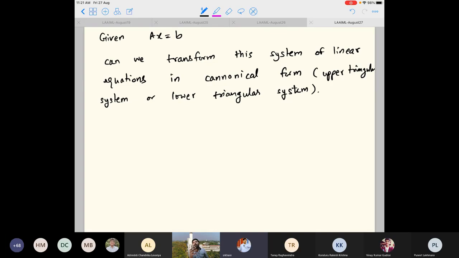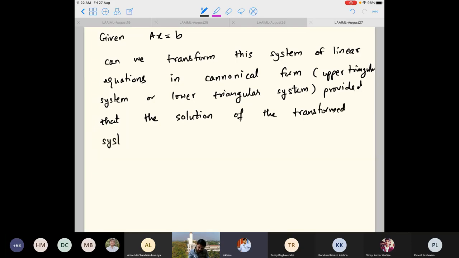What will happen if we are really able to do this is that this system of equations will get transformed to that canonical form. So what is the condition? Provided the solution of the transformed system does not change.